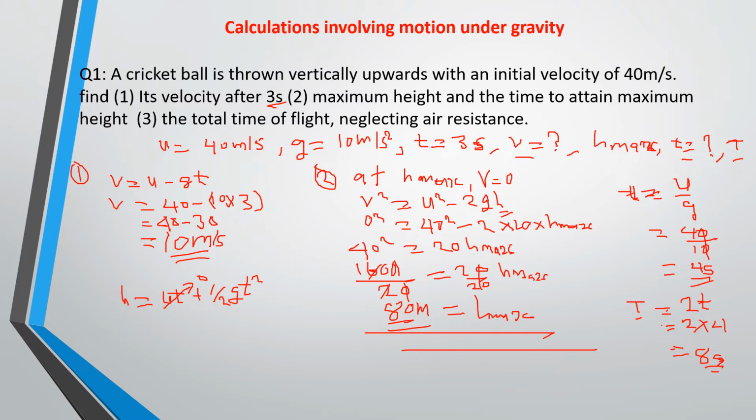So just substitute the values here. Maximum height is 80, so this will be 80 equals half g, g is 10, multiplied by t squared.